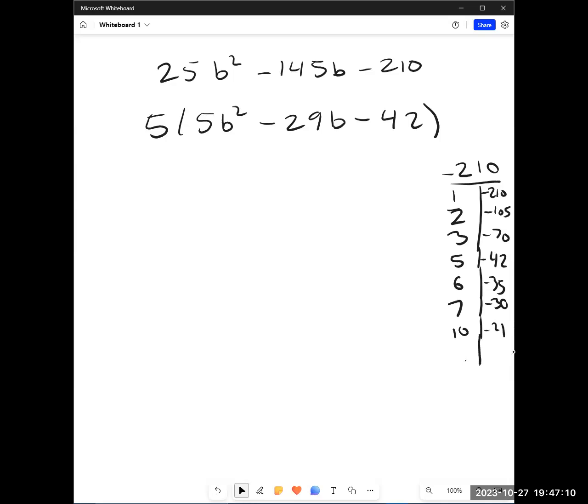I'm going to stop there because I already see my answer here. As soon as I see my answer, I can stop. But it's 6 and negative 35.